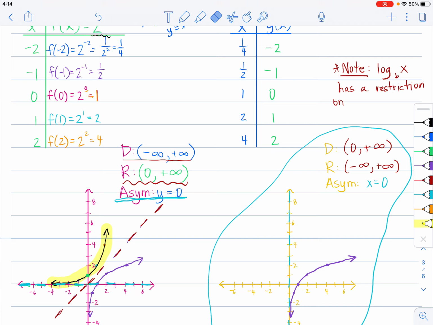The restriction for logarithms is that the inside of the log has to be strictly greater than 0.